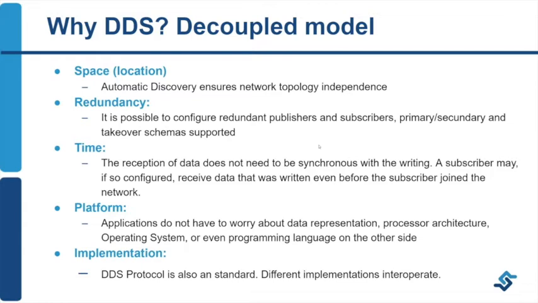It's decoupled in time, in the sense that when you join the global data space, you just start publishing, and you can set up DDS to store the history of the samples you published in order to send the history out to the late joiners if you want.